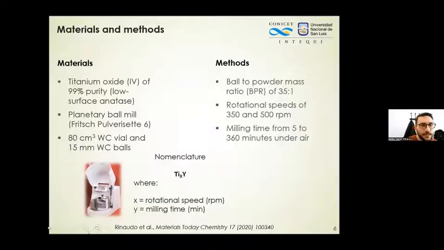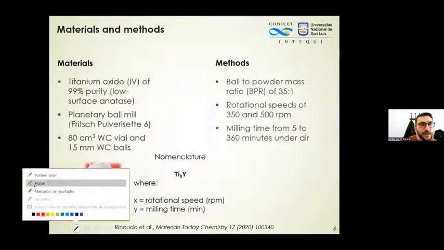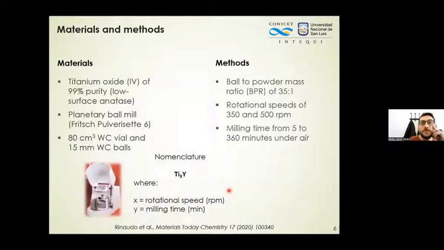We changed some parameters like the rotational speed, 350 rpm and 500 rpm, and of course the milling time, which could put more energy into the system and make the changes faster. All the materials obtained were named TXY, where X corresponds to the rotational speed and Y corresponds to the milling time.